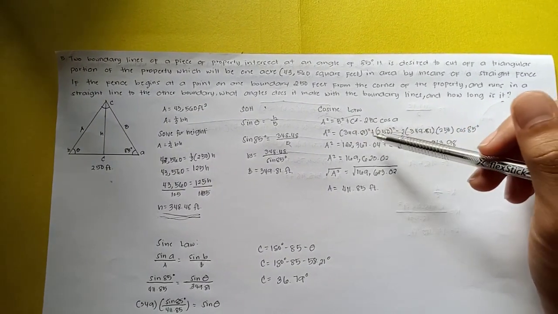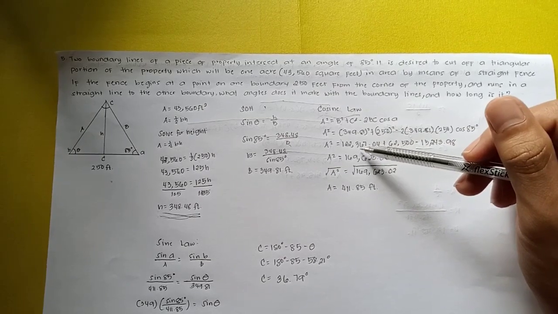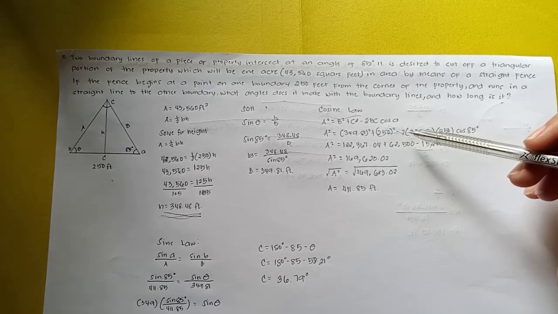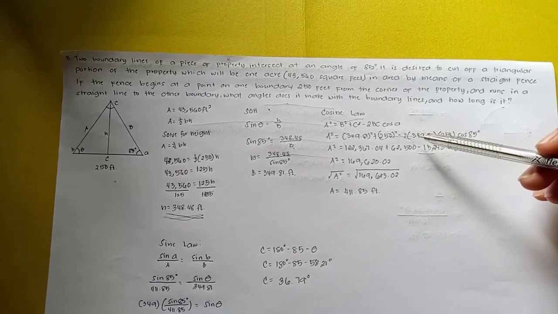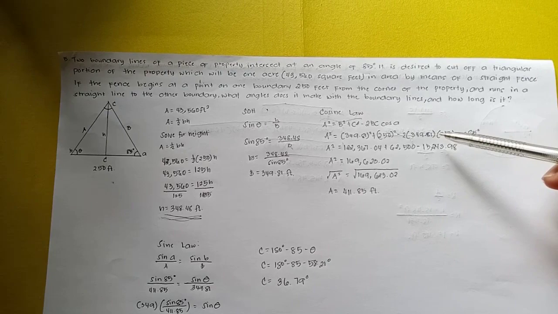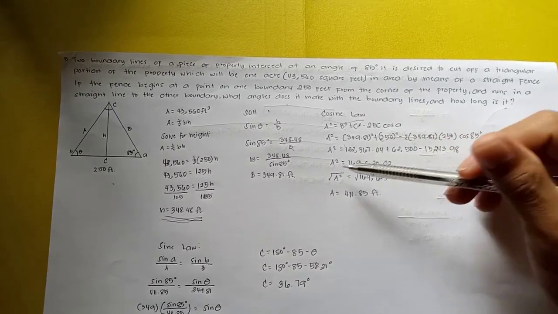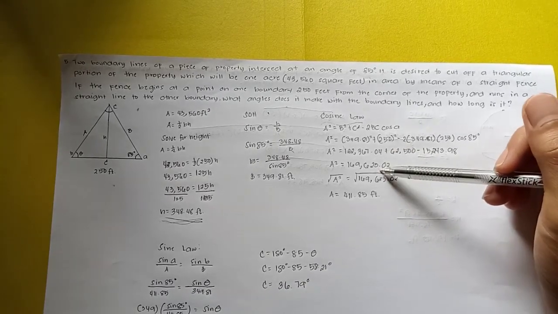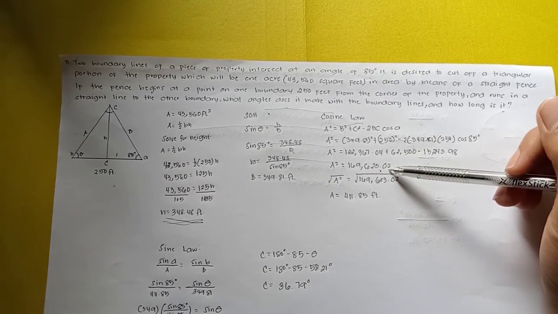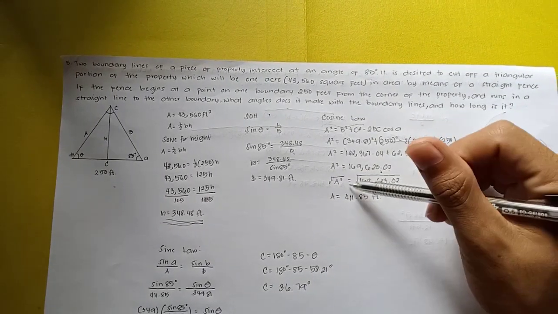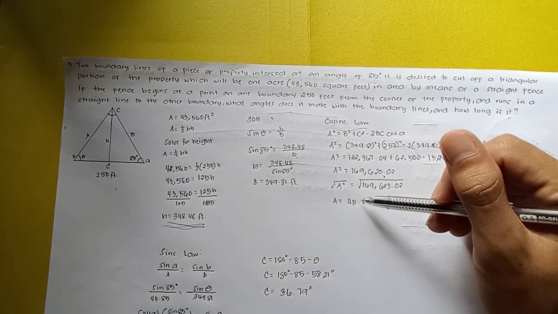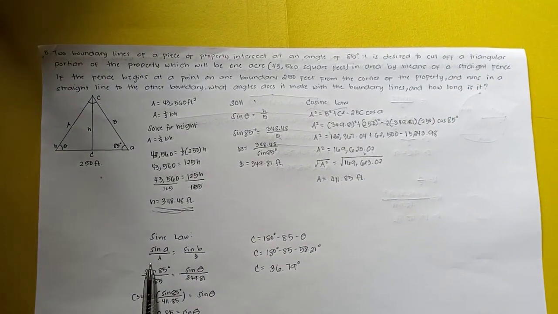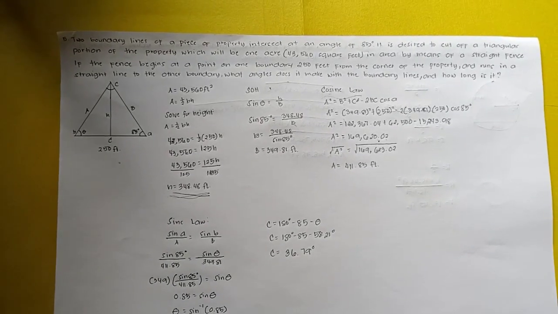So A squared equals 122,367.04 plus 62,500 minus 15,243.98, which is 169,623.02. Then we will take the square root. A equals 411.85 feet.